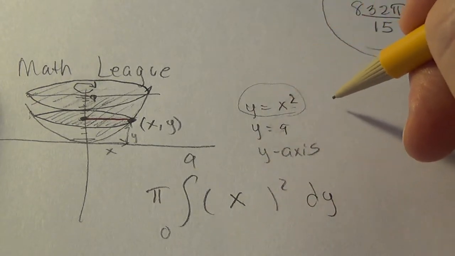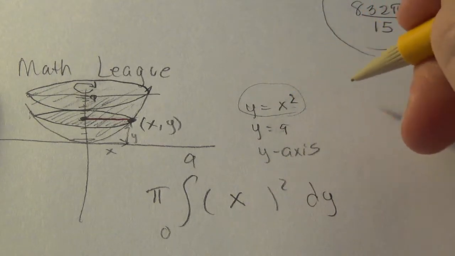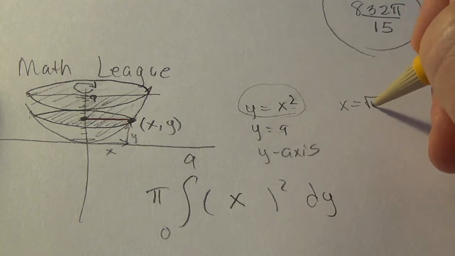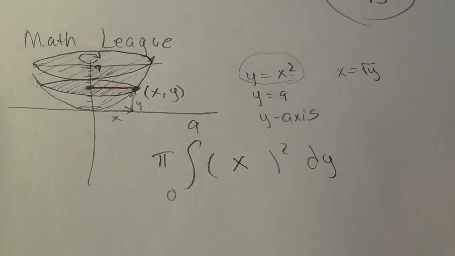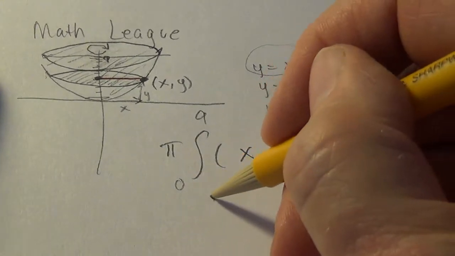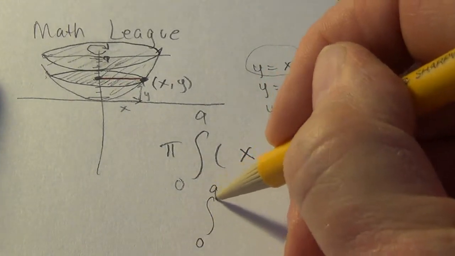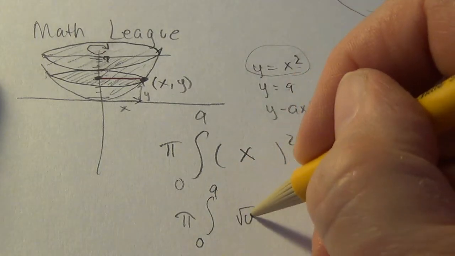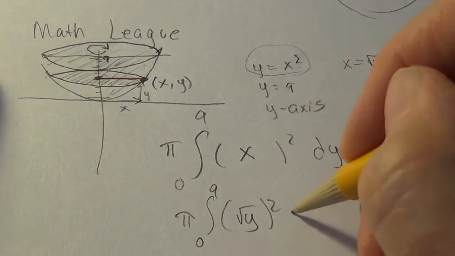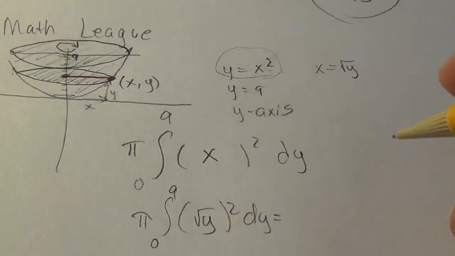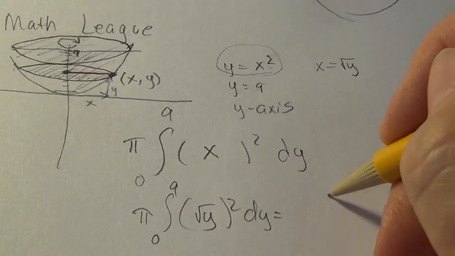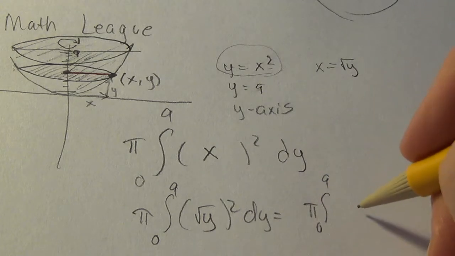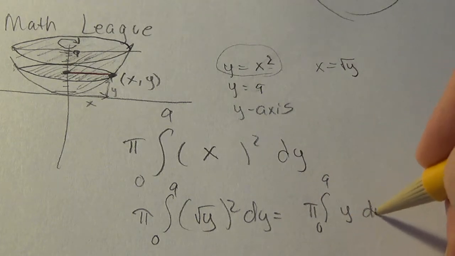If I take the square root of both sides, I get x equals the square root of y. So I'm going to rewrite that. Square root of y, quantity squared, dy. They made it nice and sweet for you. So you end up integrating from 0 to 9 of y dy.